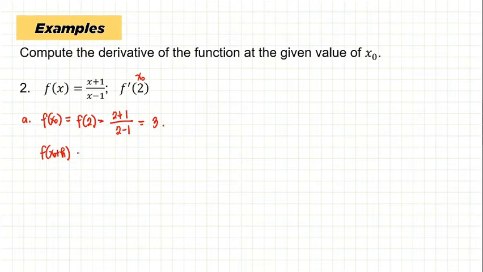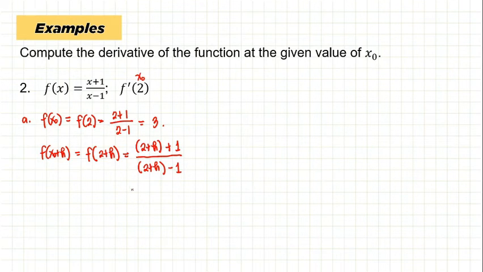Okay? In the second one, we have f of x sub o, which is 2 plus h. So we will substitute 2 plus h to our x in our function. So we will have 2 plus h plus 1 all over 2 plus h minus 1.